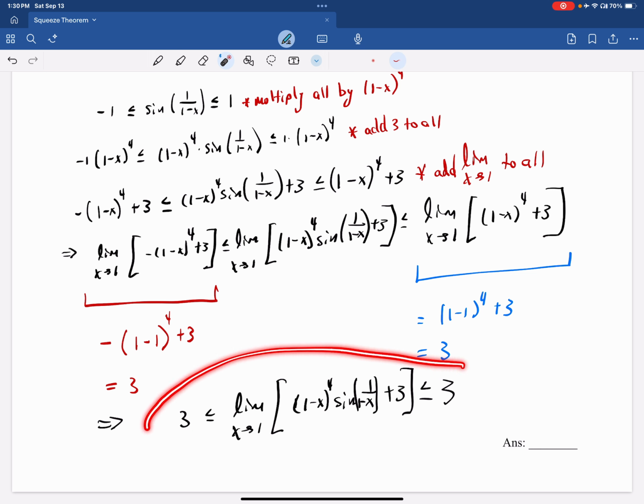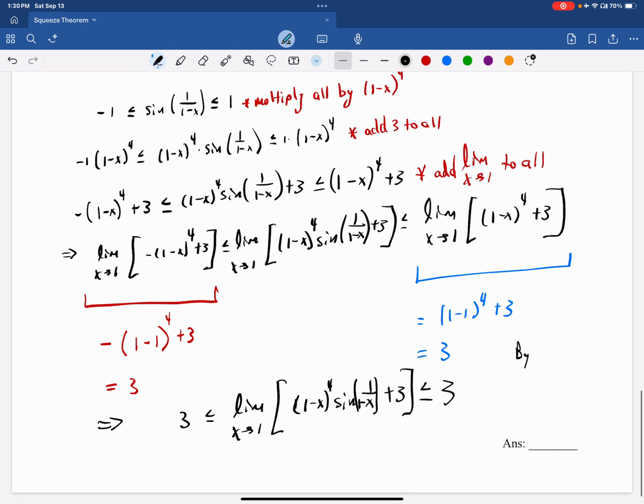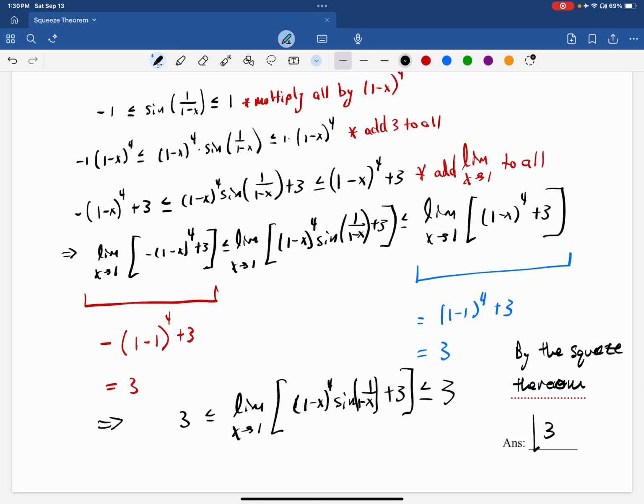I've squeezed that term in between two other limits that I do know and I can calculate. By the squeeze theorem, what we know is that this limit has to be the same, a value of 3. We've trapped it. It's trapped between 3's, so we know the limit has to be 3.